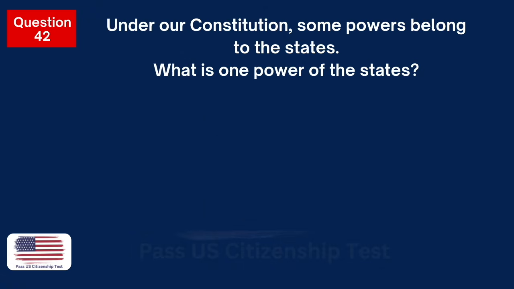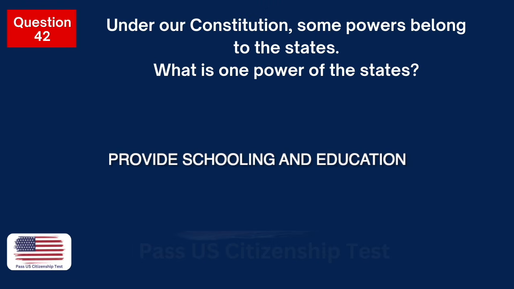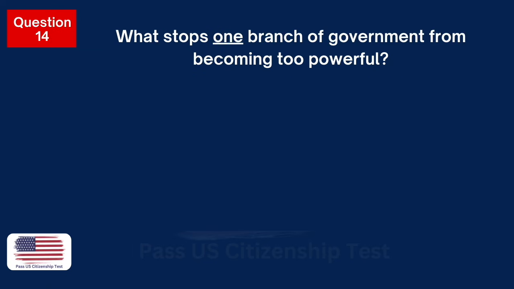Under our Constitution, some powers belong to the states. What is one power of the states? Provide schooling and education. What stops one branch of government from becoming too powerful?